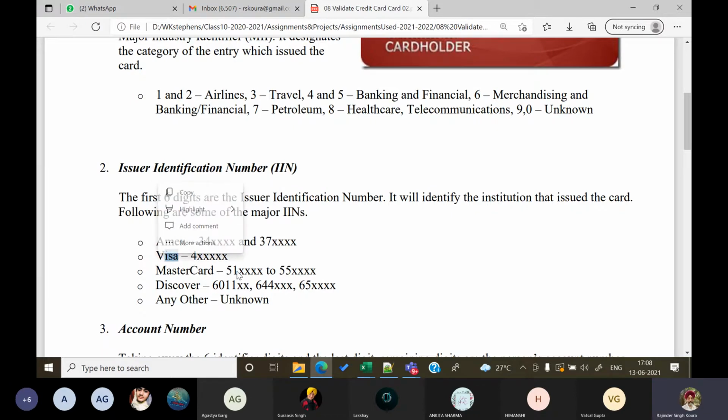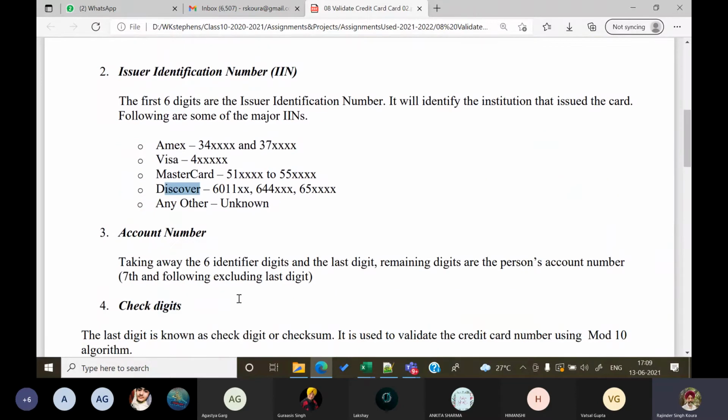Please remember, American Express is only 34 and 37. If it is 51, 52, 53, 54, 55, then it is a MasterCard. If the first 4 digits are 6011, or the first 3 digits are 644, or the first 2 digits are 65, then it is a Discover card. And if it is any other, we'll take it as unknown, so they are basically not known to us.